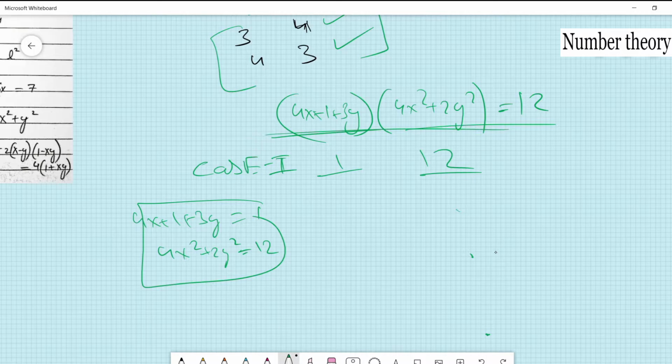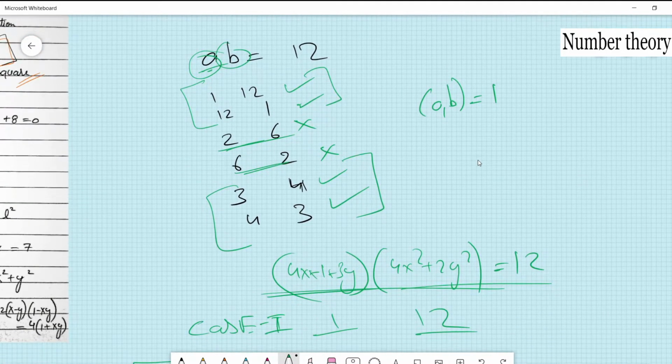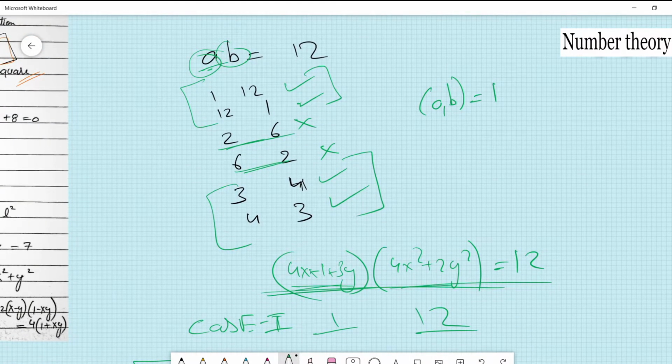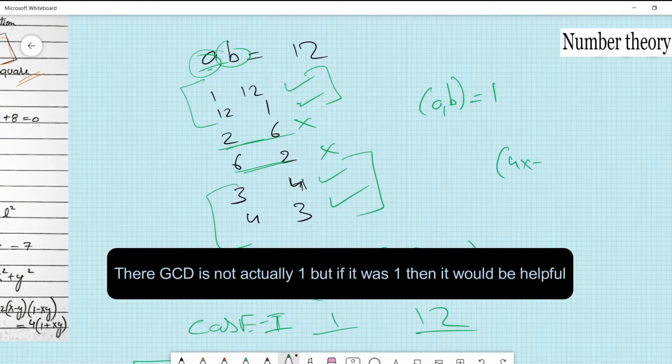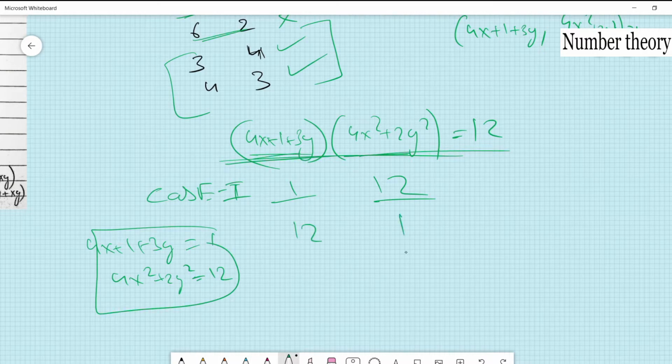What we want is to cancel out and get as few cases as possible. We don't want many cases, we only want very few. That's why knowing the GCD could help. If we knew the GCD of 4x plus 1 plus 3y and 4x square plus 2y square is 1, then this will make our life a whole lot easier, because we'll only have to deal with these 4 cases.